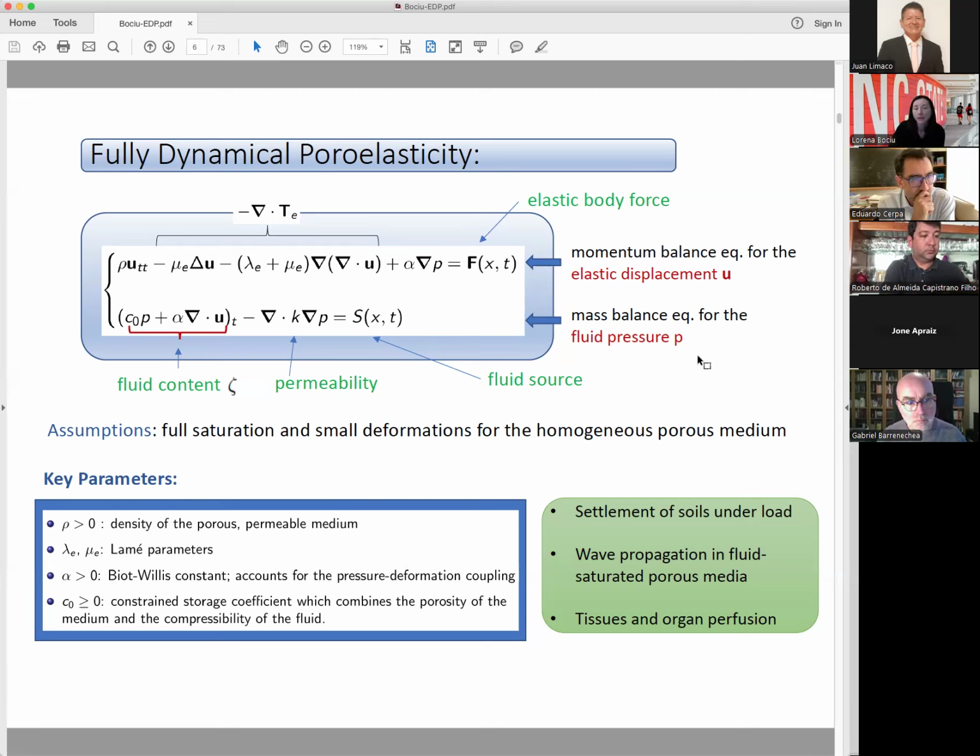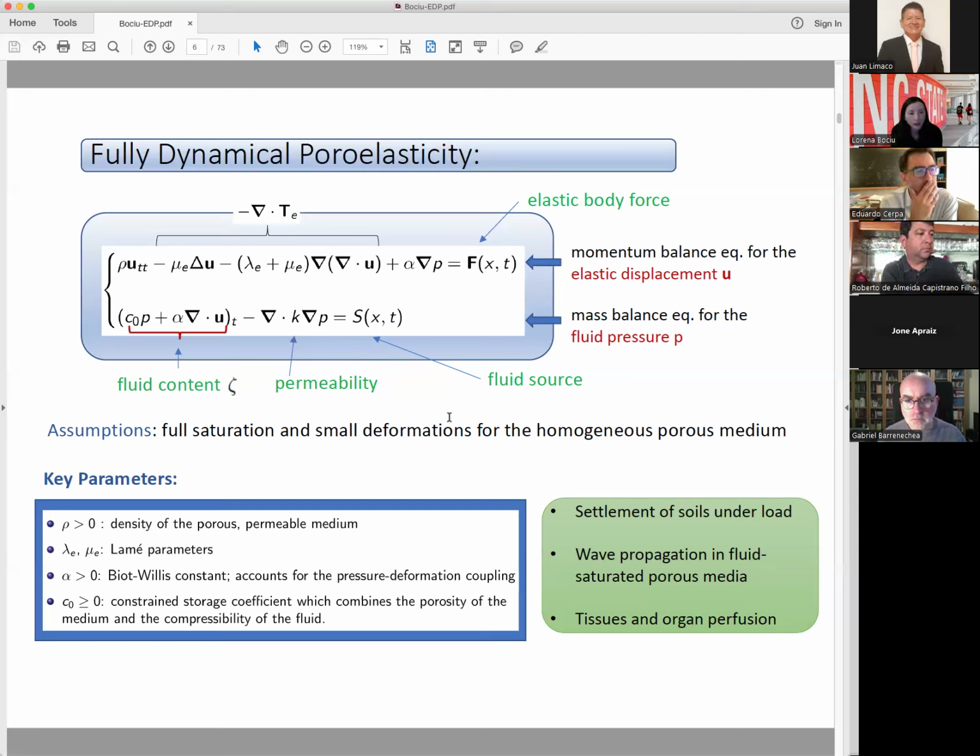Mathematically, that translates into this: if you look at the second and third terms in the first equation, you recognize that I can combine those into minus the divergence of a linear elastic stress tensor. Now, let me introduce everything that appears in this model.